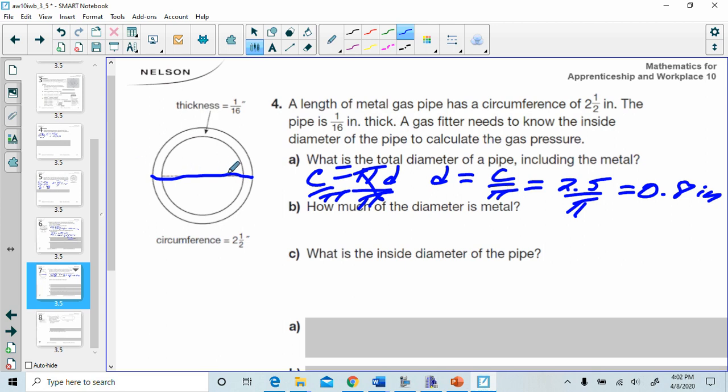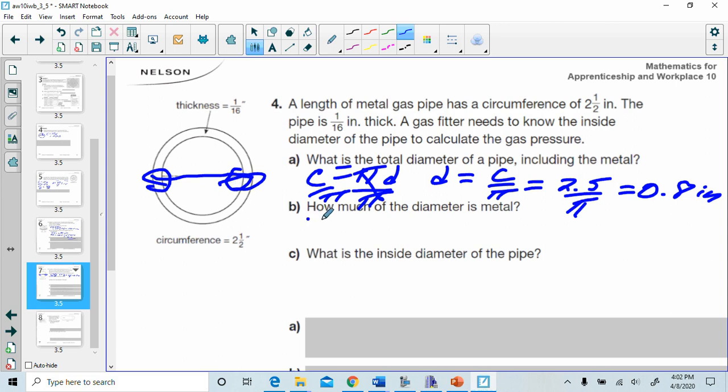Blue line. Then down here it says how much of the diameter is metal. That's basically just here and there. If one of the widths is 1/16, then if we had to go all the way across, we would run into two places where there's a width of 1/16.